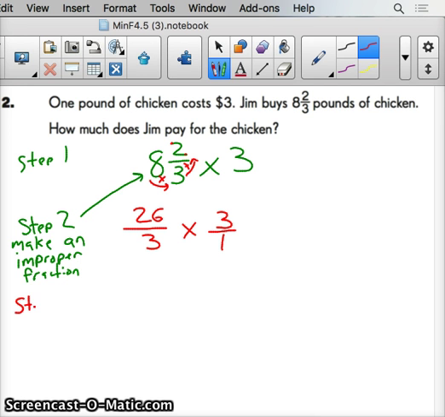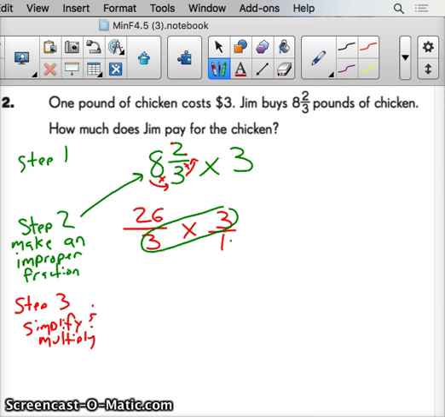Step 3, simplify and multiply. Well, 26 and 1, there's nothing I could do with that. 1's too small. But I can simplify the 3's.